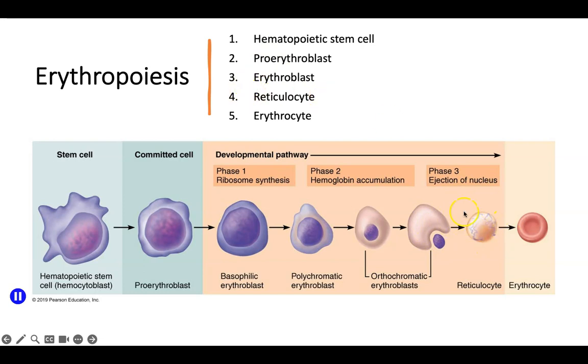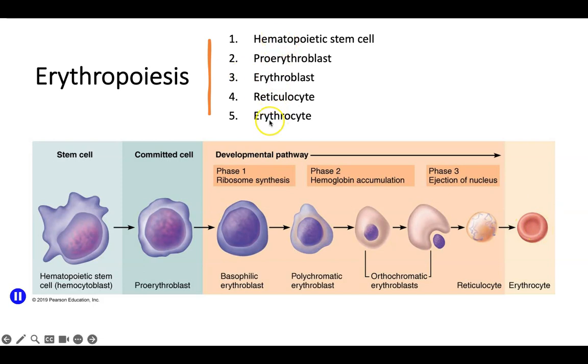So now this is the final stage of development, this reticulocyte, before the cell finally develops into a mature erythrocyte. And you can see there it's got that donut shape. It has no nucleus. It's red because of all the hemoglobin forming within it. That's erythropoiesis.